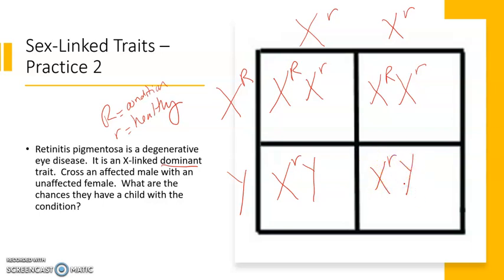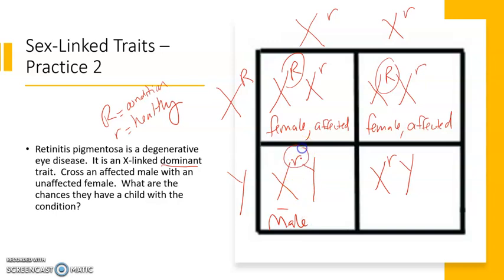All right, so up here we have two X's, so female, and she has it. She's affected. Another female who is affected. And down here we have a male, but he has that recessive, so he's healthy.